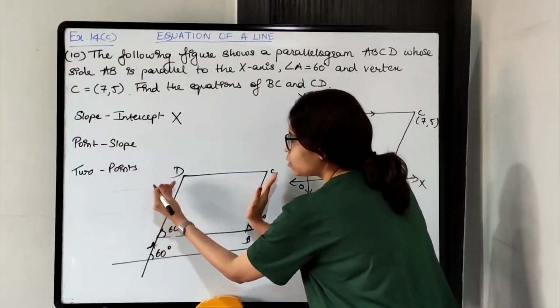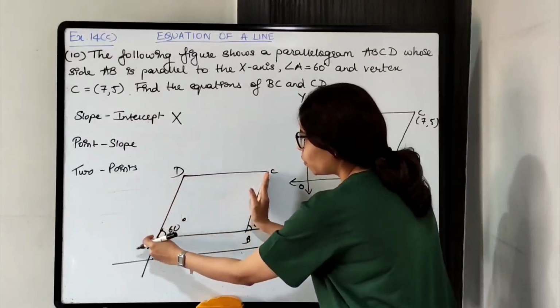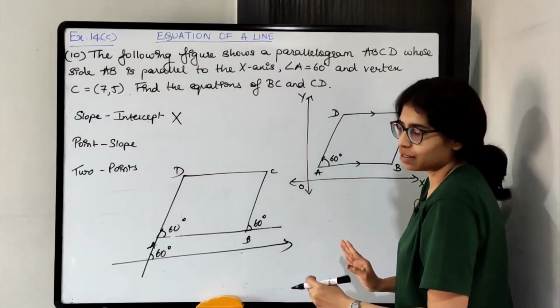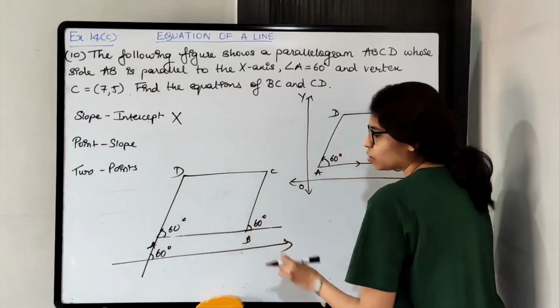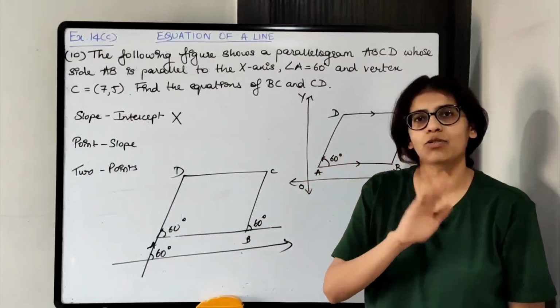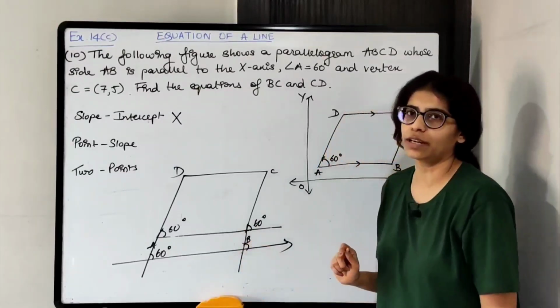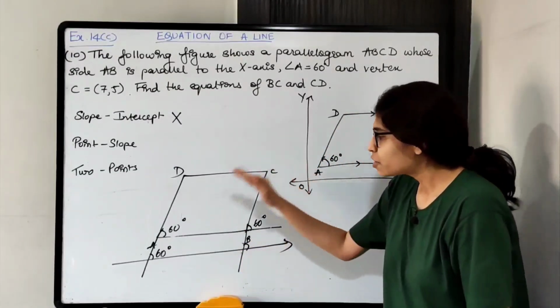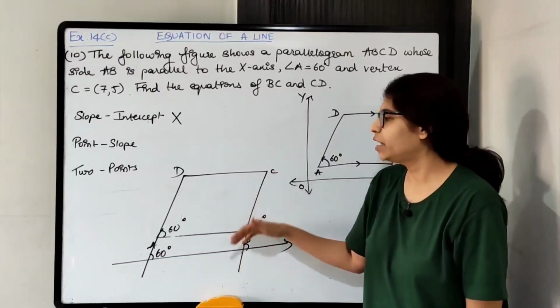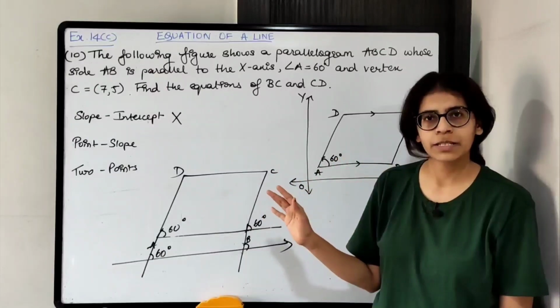If this is 60, and these two sides are parallel, since opposite sides of a parallelogram are parallel, AD and BC are parallel. So if this is 60, this is also 60. It means it is making 60 degrees with the x-axis also, because if I extend this, it will also be 60. This is just for understanding, students. You don't need to explain the entire logic in the sum. You don't need to explain it in the solution.